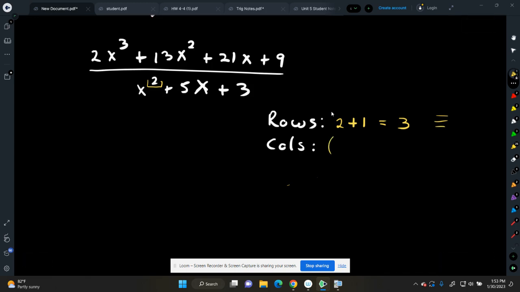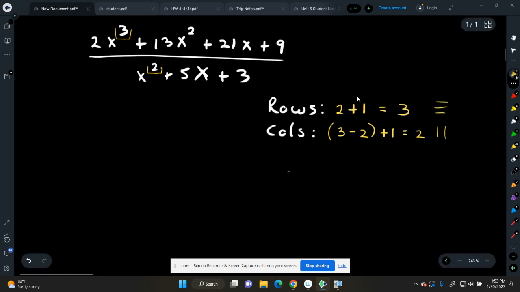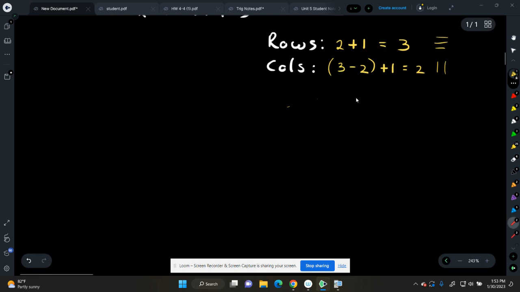The top exponent. Yeah, we subtract. So this will be 3 minus 2, the top minus the bottom. And then we always add 1. So that's going to be 2. So it's got 2 columns. 3 rows, 2 columns.